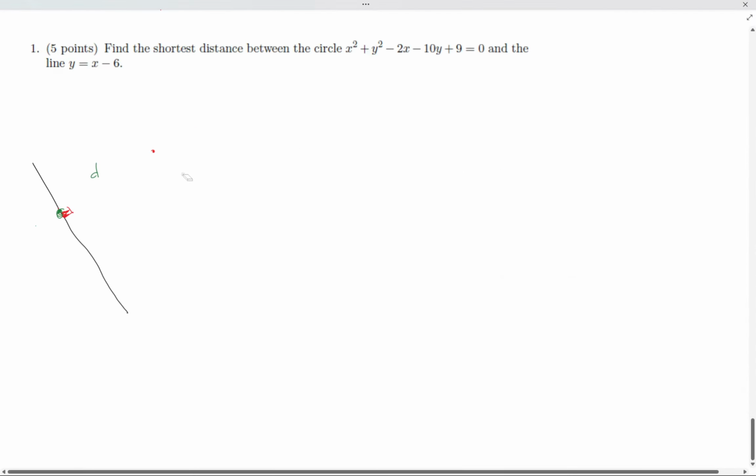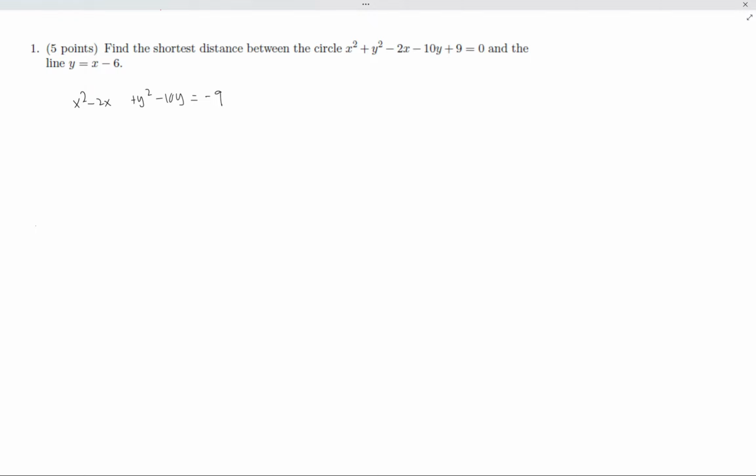In this case it will involve remembering the basic properties of perpendicular lines, and probably the intersections of two lines. Let's simplify the problem by first converting the given circle into the standard form. I have x squared minus 2x, followed by y squared minus 10y, and then let me put negative 9 on the other side for simplicity.